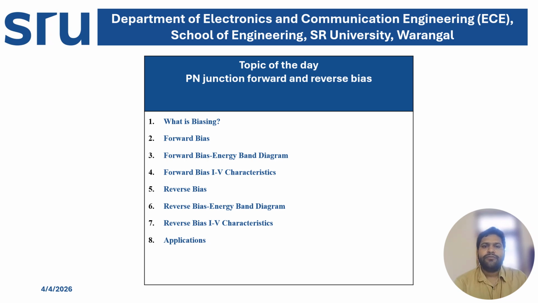Only a very small leakage current flows, so in reverse bias the diode blocks the current.